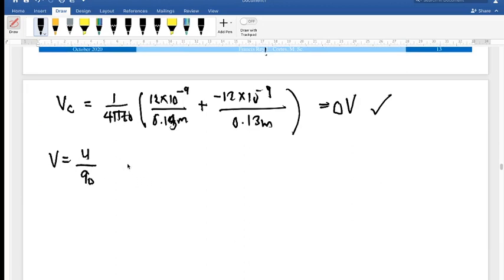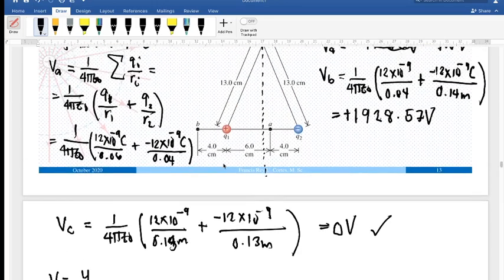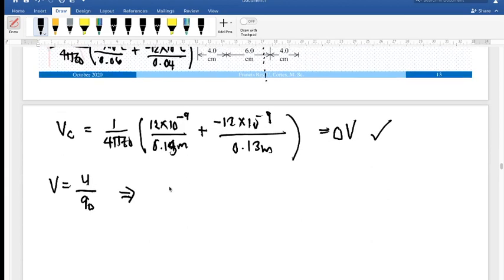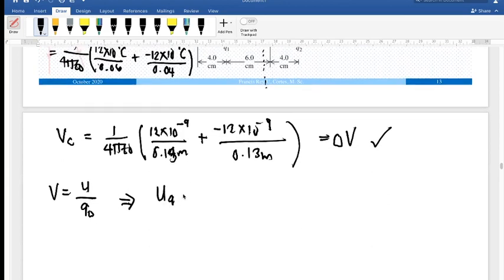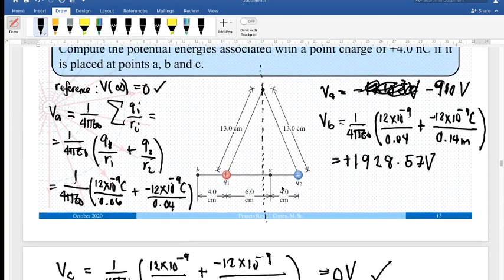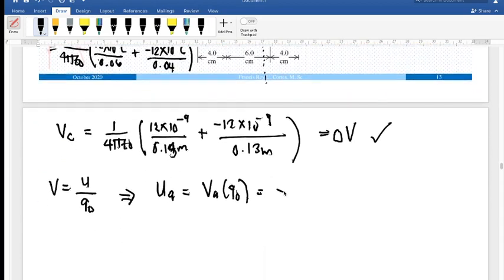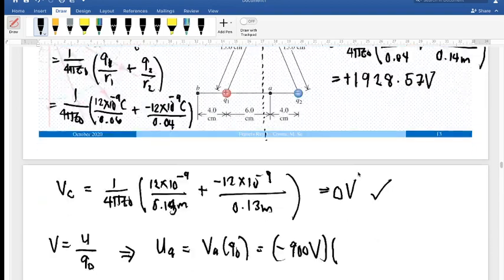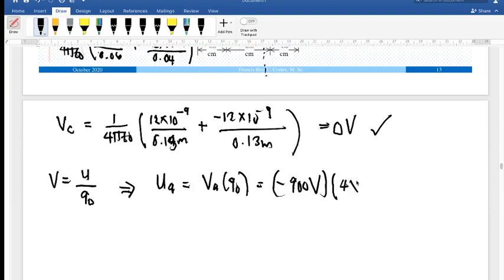Again, the reference is at infinity, so there's no need for you to put delta U. So we have U at point A is equal to VA times the Q sub naught, diba? So the potential at point A is negative 900 volts multiplied with the test charge of positive 4 nanocoulomb, or 4 times 10 to the negative 9.